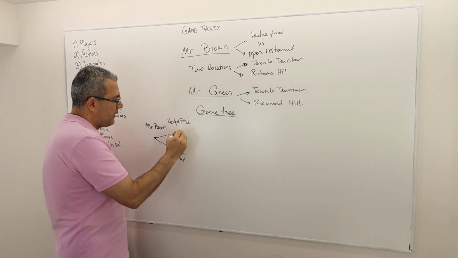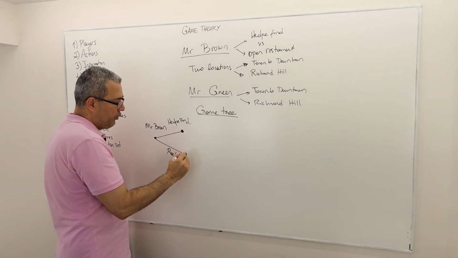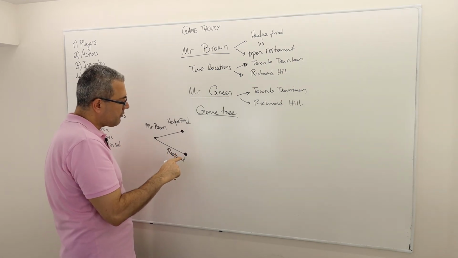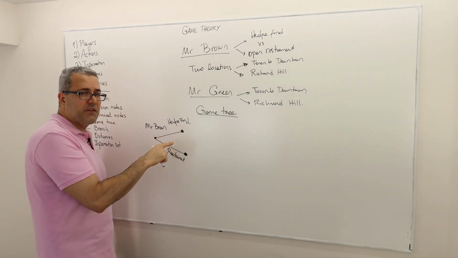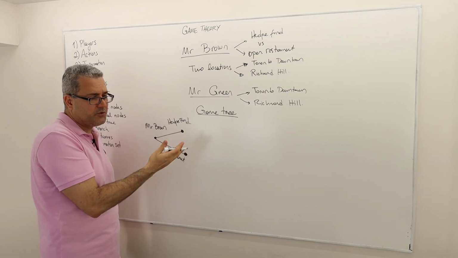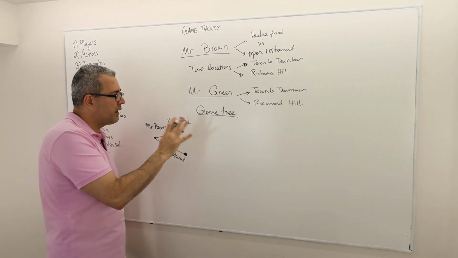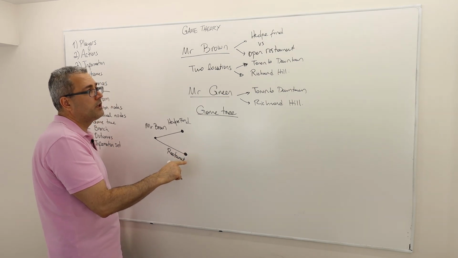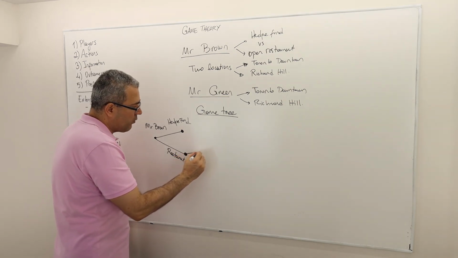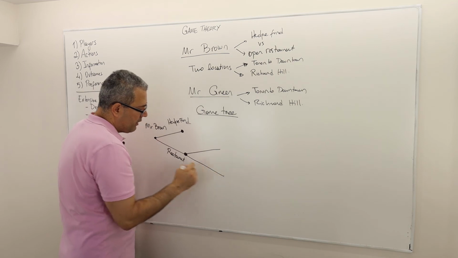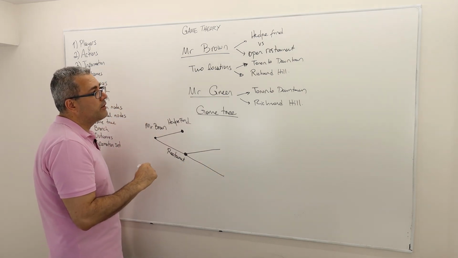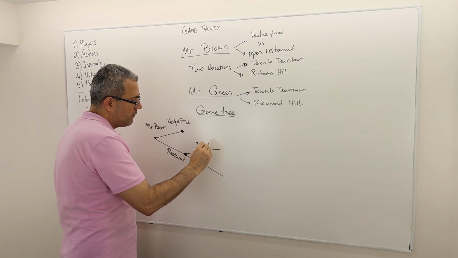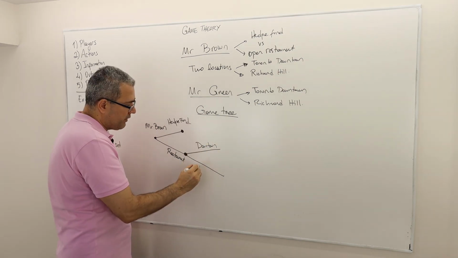Okay? So I'm putting dots here. I'll explain why I do that later. And then if he decides on the hedge fund, remember I said, the strategic interaction just dies out there. The strategic interaction, however, continues when he decides to open a restaurant. And so, once again, Mr. Brown decides whether to open the restaurant downtown or in Richmond Hill.